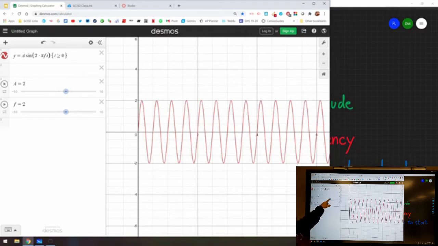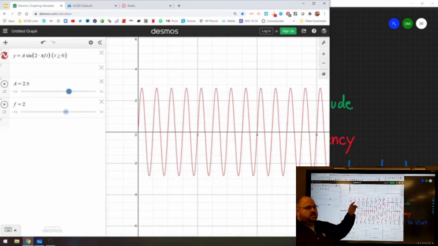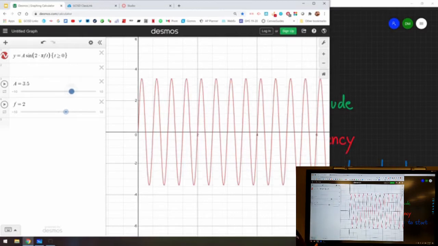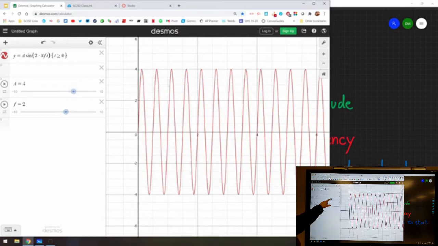If I slide that further over up to 3, now notice the graph just goes up to 3, but it doesn't change how far apart those peaks are. So I can put it up at 4, and the graph goes from positive 4 to negative 4, so an amplitude of 4.